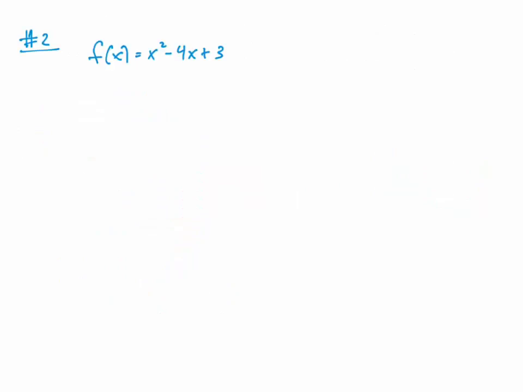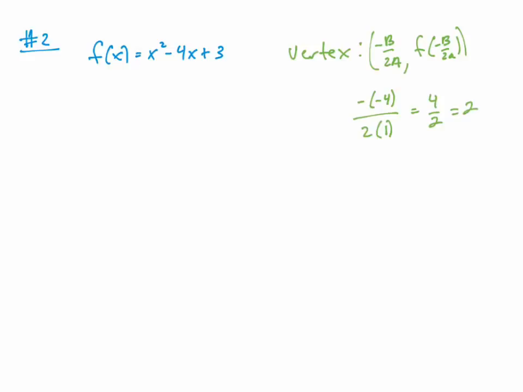Okay, now the second way, and probably the frowned upon way, to find the function in standard form is to first determine the vertex. Now, when we're in general form like this, the vertex is negative b over 2a, and then we plug that value, negative b over 2a, into the function. So negative b, b is negative 4, so the opposite of negative 4 divided by 2, the a value is 1, and that gets us 4 over 2, which is 2.